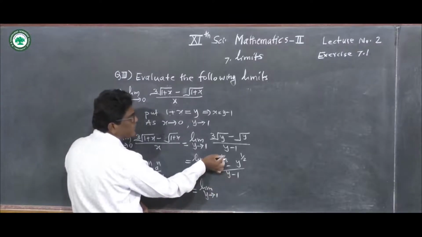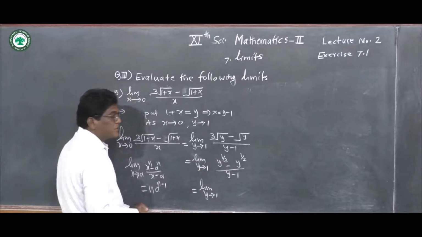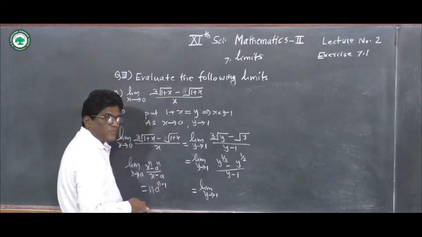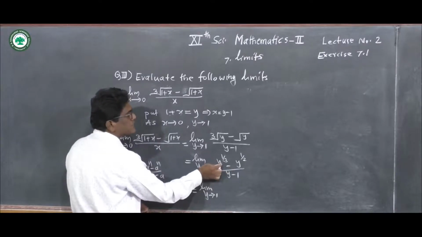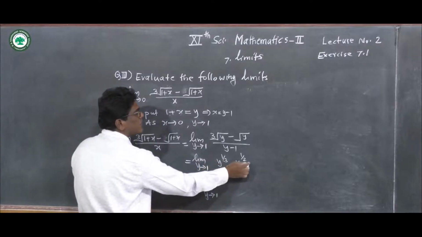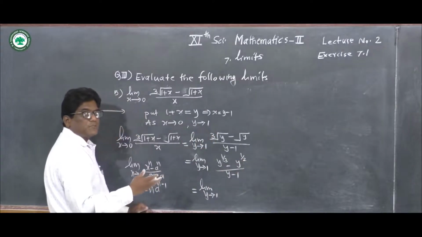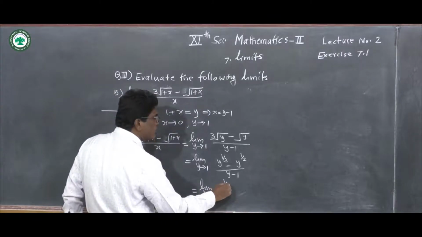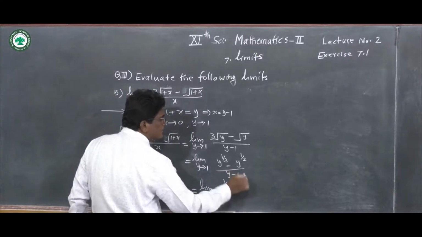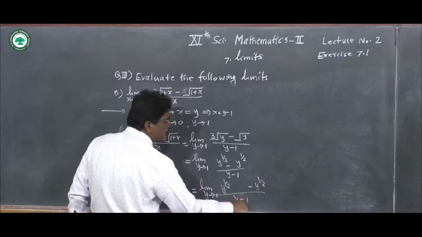So here y to the power 1 by 3 minus 1 to the power 1 by 3. But here it is y to the power 1 half. So we want 1 to the power 1 by 3 for this term, and 1 to the power 1 half for this term. So we subtract and add 1. We take y to the power 1 by 3, and minus y to the power 1 half, and y minus 1 as it is.